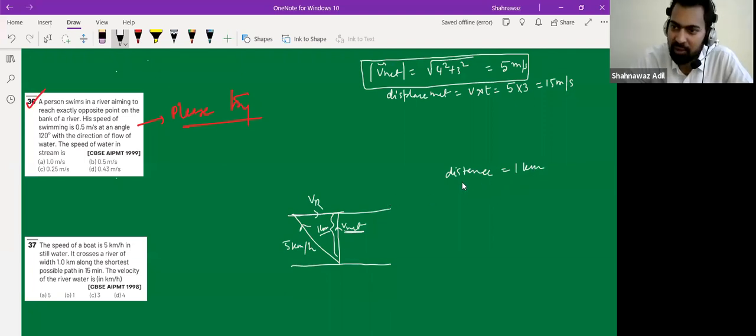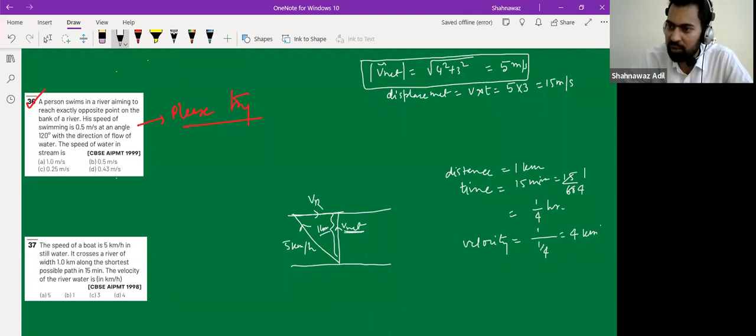And time is given. Right. 15 minutes, which means 15 by 60 or 1 by 4 hours. Okay. So the velocity will be what? This will be 1 upon 1 by 4. So this will be what? 4 kilometer per hour. So we have calculated V net.